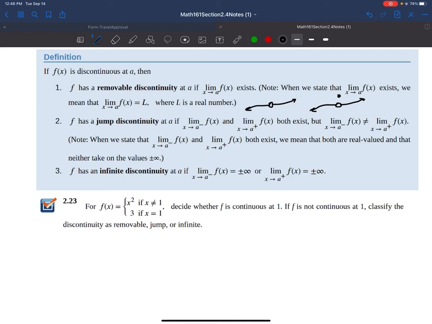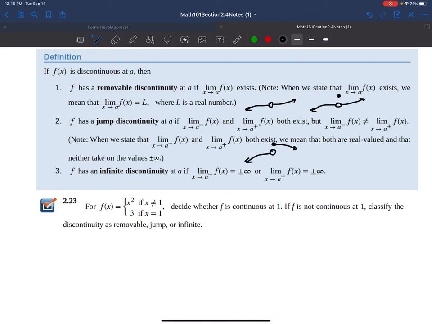It's not really the jump in the graph, but just that we have a hole where the value is defined above or below it. A jump discontinuity is when the limits from the right and the left both exist, but they don't agree. That's this kind of situation, right? Or something similar to that.